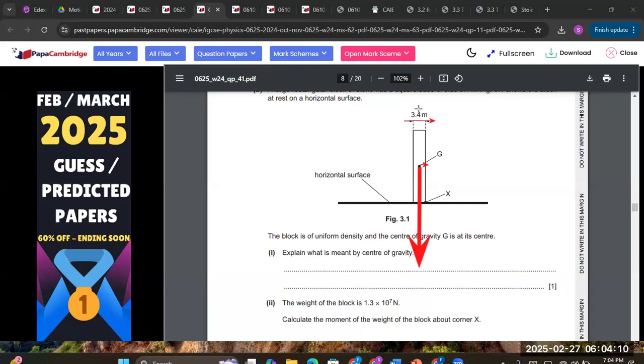Yeah, so you need to divide 3.4 by 2 because the distance from the center to the pivot is half of this. See, that's why I drew the arrow for you. You can see that my arrow is from the center to the pivot. So this is the entire distance. So I should just divide it by 2, right? Yes. So what would you get?